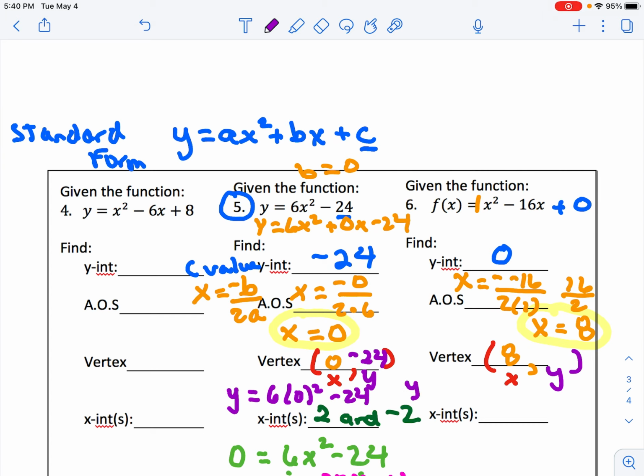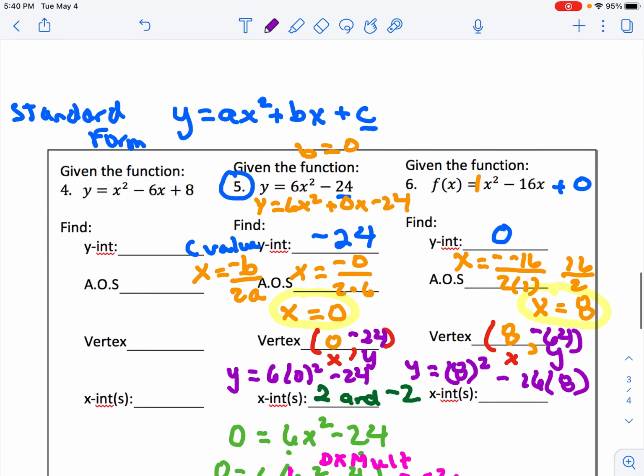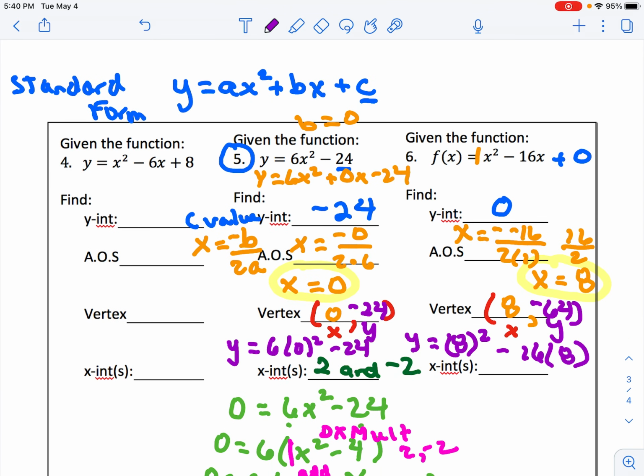So y equals 8 squared, so I put 8 in for x, minus 16 times 8. And what that gives me is my vertex y value is negative 64. There's my vertex y value when x equals 8.